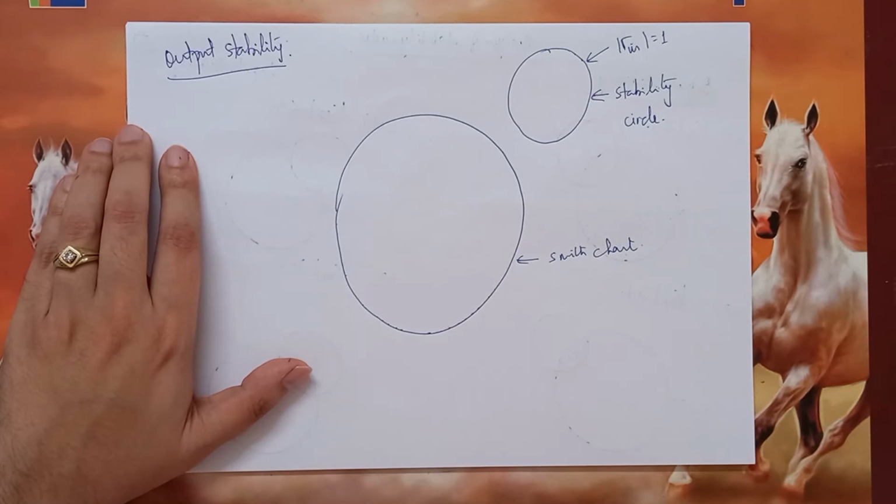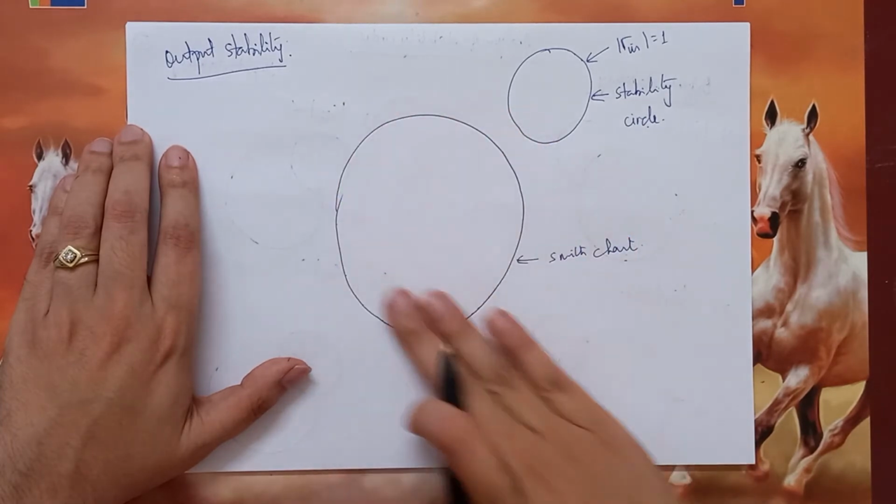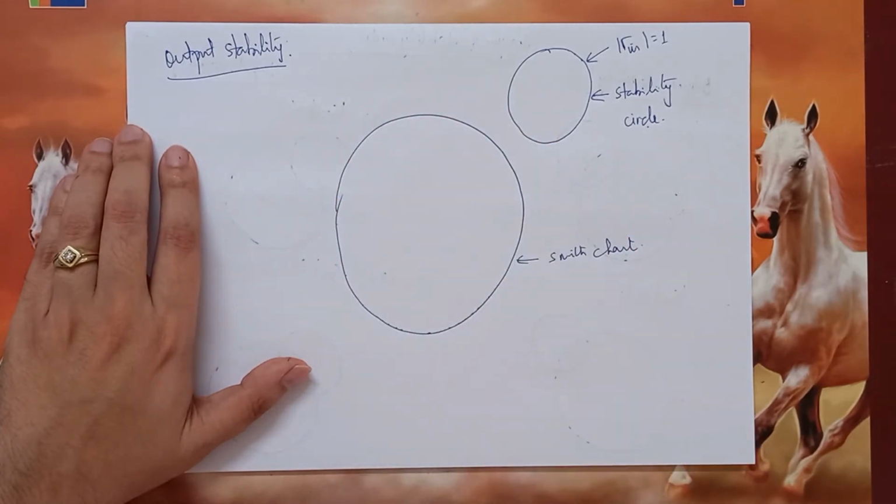Now, if mod S11 is less than 1, what would happen? If mod S11 is less than 1, any point in this Smith chart would be stable. But if S11 is now more than 1, there is not a single stable point inside the Smith chart. And that is disastrous.